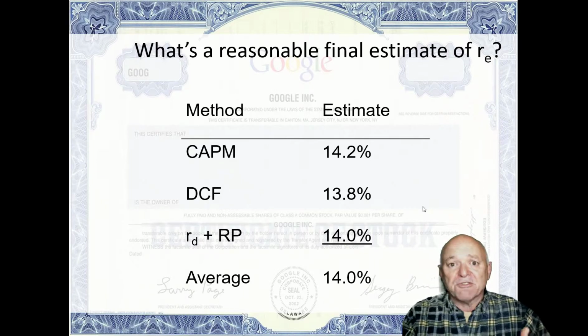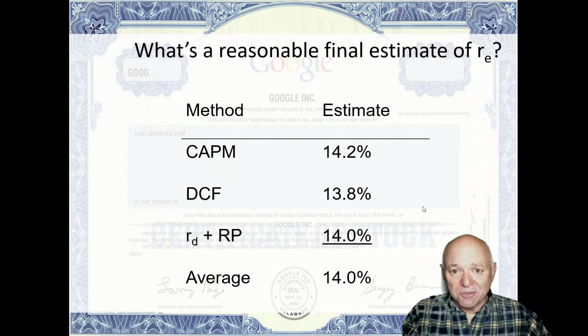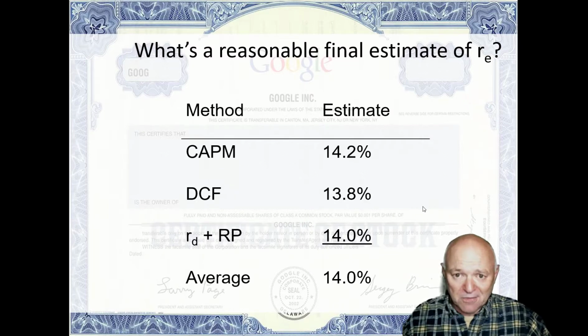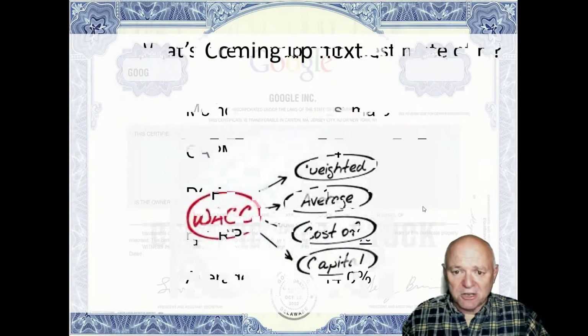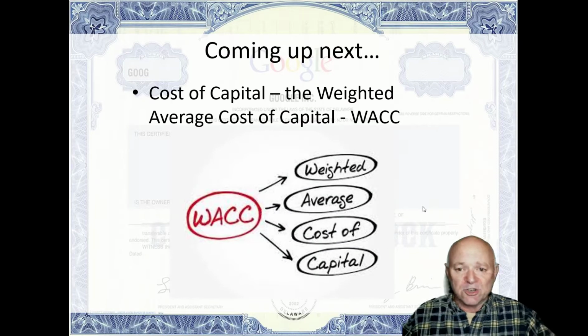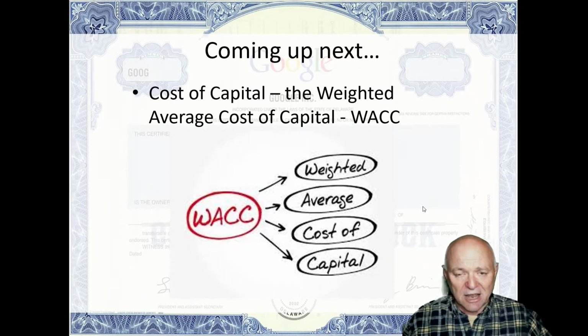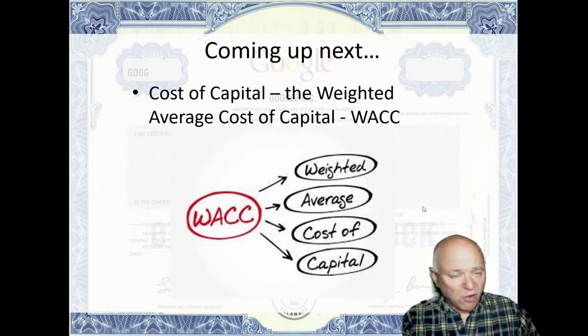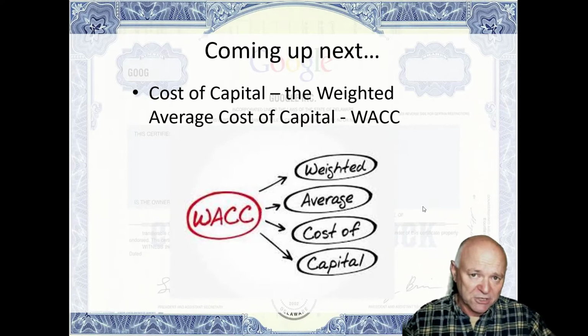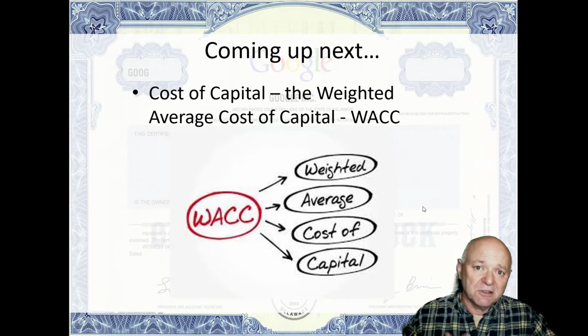Our purpose is to figure out what the cost of capital is to our company. And it's always going to be a mix of those parts. And to do that, we use something called the weighted average cost of capital. And that's something that we're going to talk about in the next session. How do we weight the average of all of the different sources of capital in our business in order to figure out the right number for a discount rate for the calculations that we use in the value of the firm?